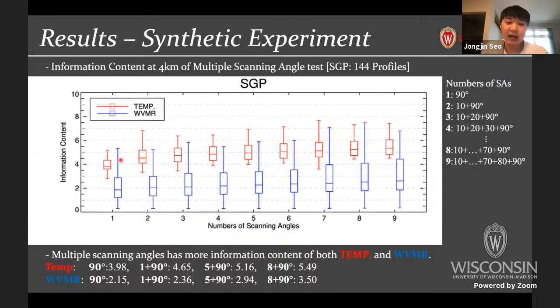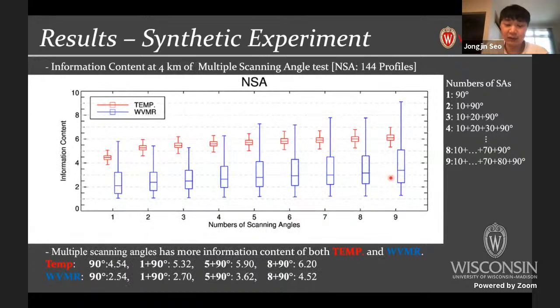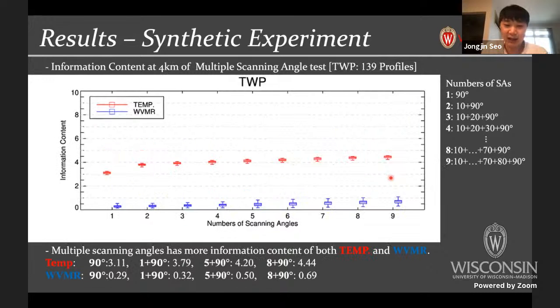And we can see that multiple scanning angles have more information content of both temperature and water vapor mixing ratio. It is also the same with the NSA result and TWP site.